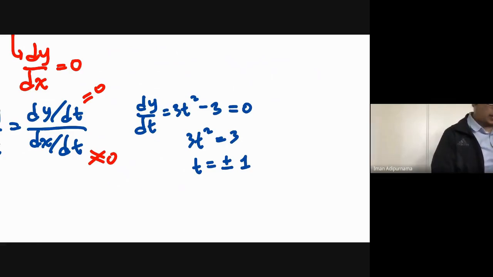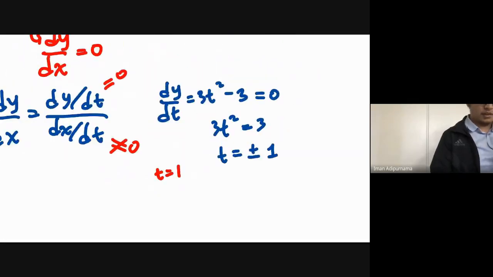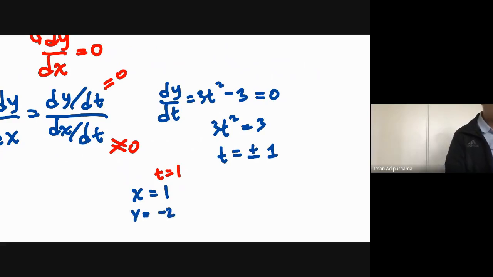So when t is positive 1, x will be 1 and y will be minus 2.